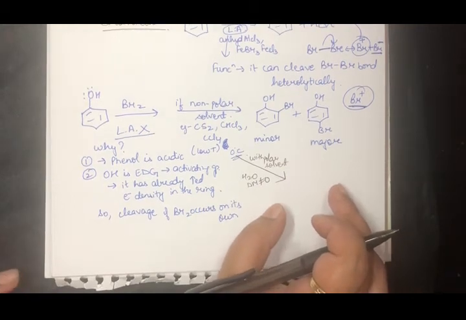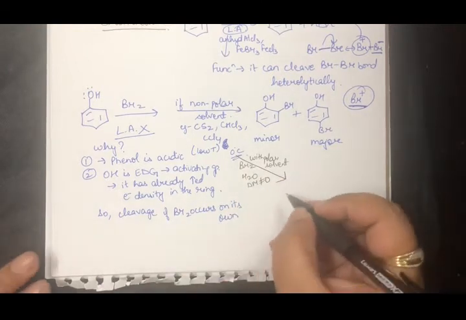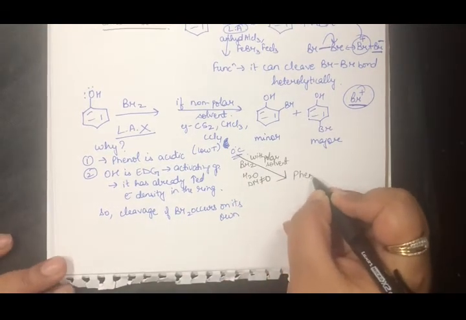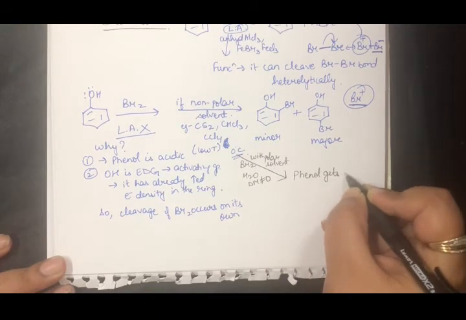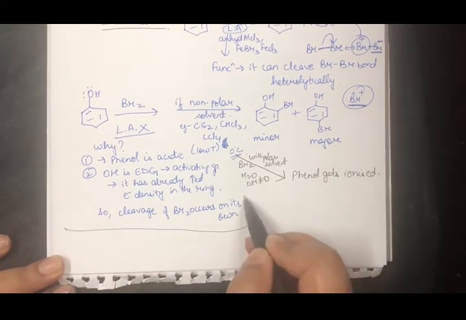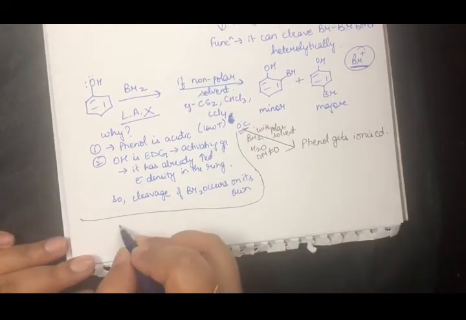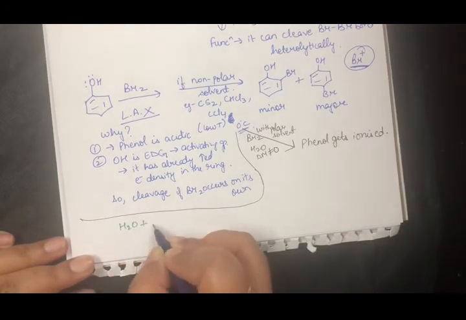Now because we have water and we have bromine molecule, what happens here is that phenol gets ionized. Now what do you mean by that, phenol gets ionized? Please listen to this very carefully. You had water, you had phenol.